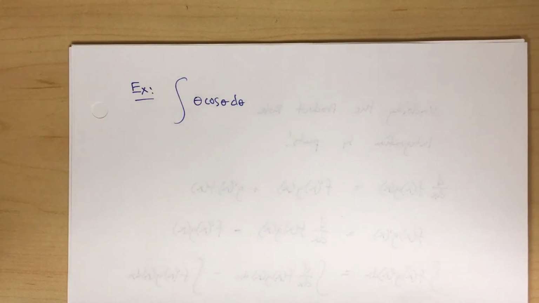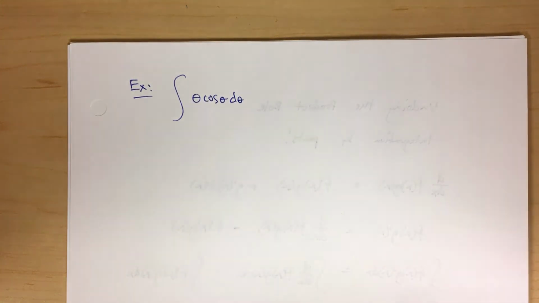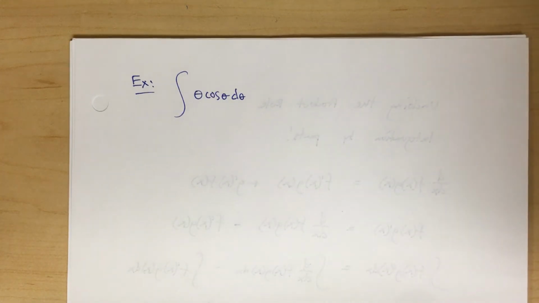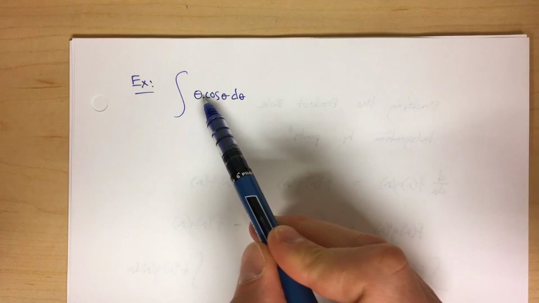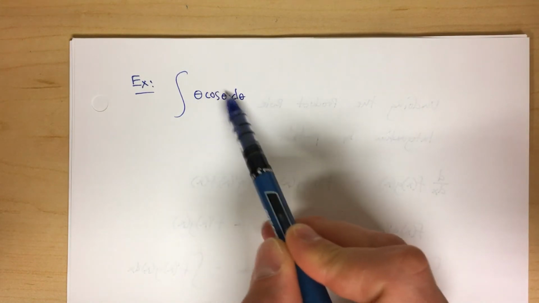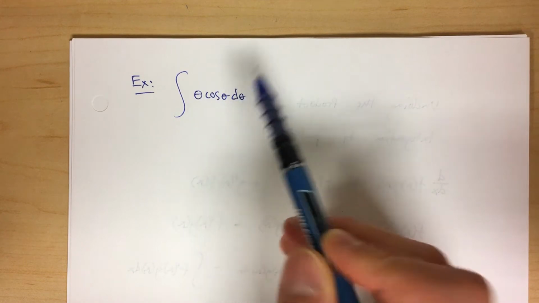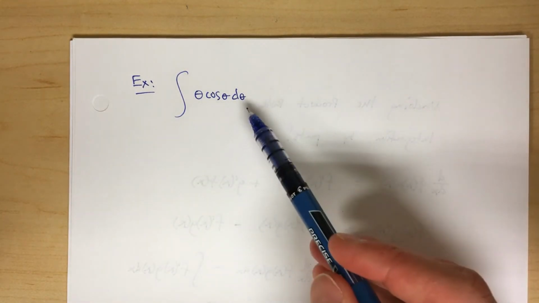Okay, so u substitution does not work here, because if we plugged in u, we would just get cosine of u times u, and that doesn't really help us at all. It's a product, so we can't antidifferentiate it super easily. Basically, we have a product here. We could let this be u and this be dv, or we could let cosine theta be u and theta d theta be dv. Well, I'm not sure.